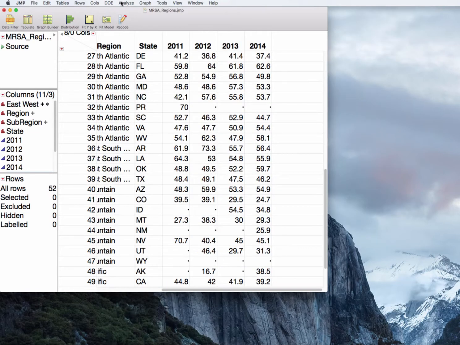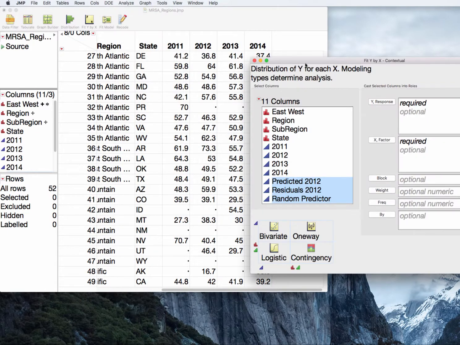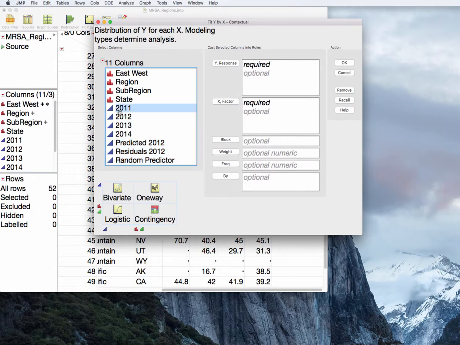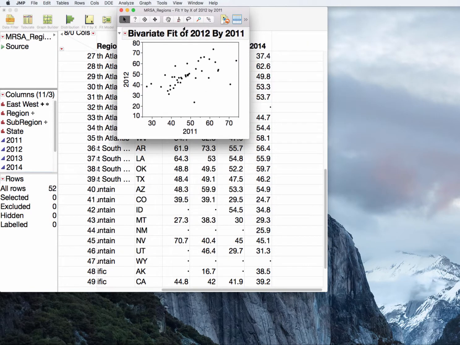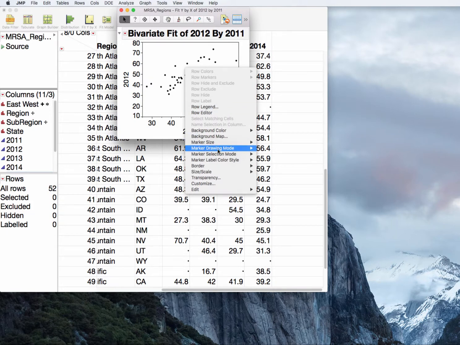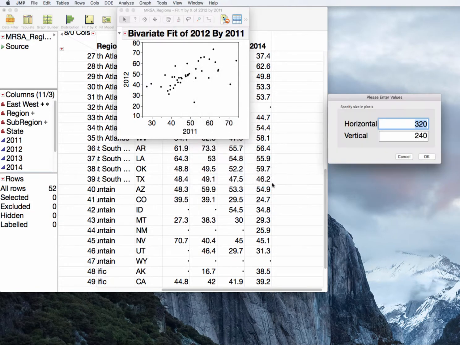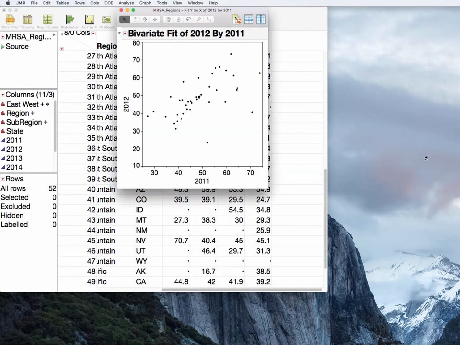So let's go ahead and fit our y by x. Very similar, actually identical to how we did correlation to start with. 2011 is x, 2012 is y. Press OK. We'll go ahead and change the size and scale of this to be a little bit bigger so we have a little better of a view.